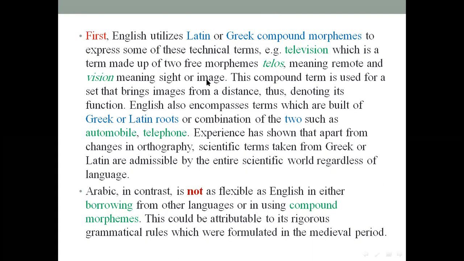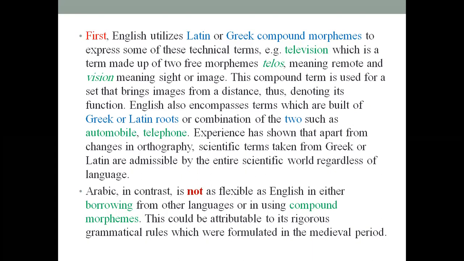Thus, these two compound morphemes reflect the entire meaning of television.